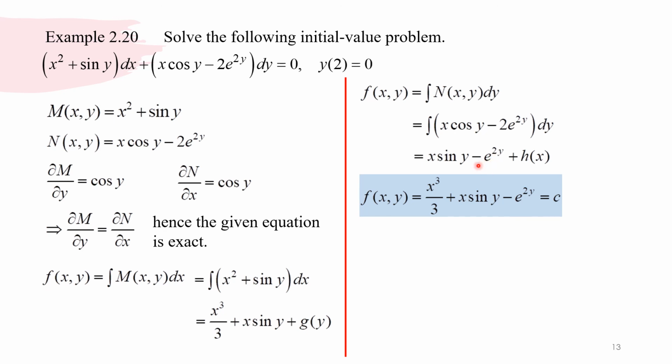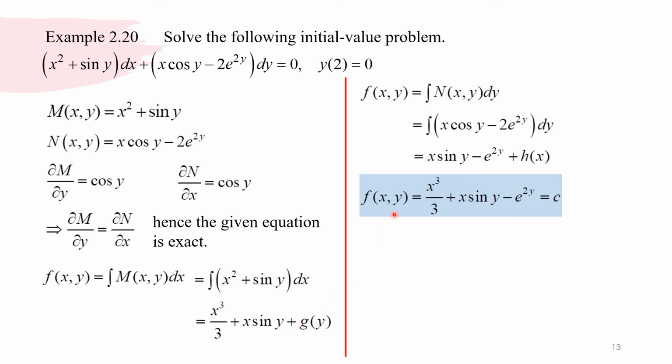So let us merge these two results together. f of x, y is equal to x cubed over 3, which is referring to this h of x, plus x sin y, both have x sin y, minus e to the power of 2y, which refers to this g of y.